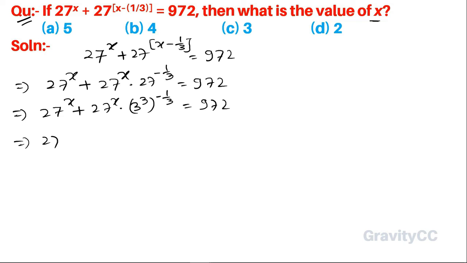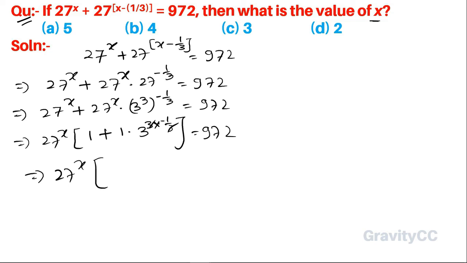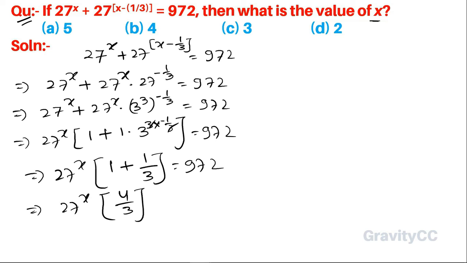Here 27 to the power x is common, so 1 plus 1 into 3 to the power 3 into minus 1 upon 3, 3 cancel, so 27 to the power x and 1 plus 1 upon 3, so implies that 27 to the power x into 4 upon 3 is equal to 972.